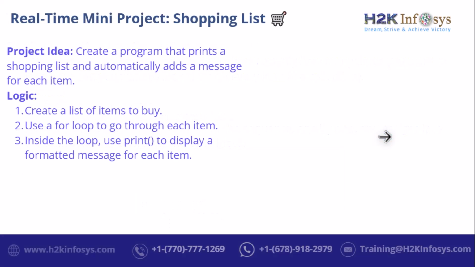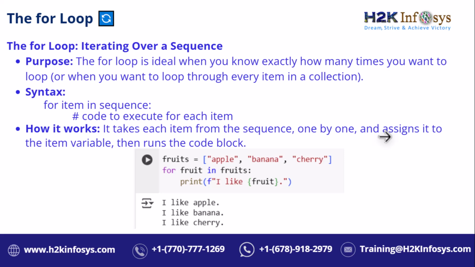Okay, so to begin with, we're going to see the for loop. As I said, here we have to mention a set of sequence or a list of items. This is the syntax, where you have to write for.